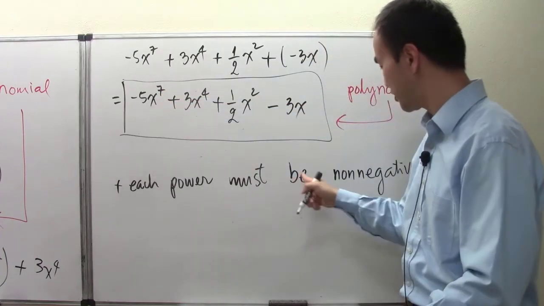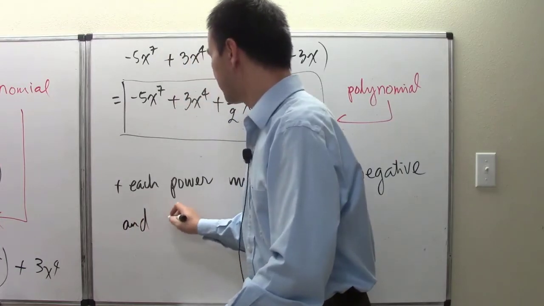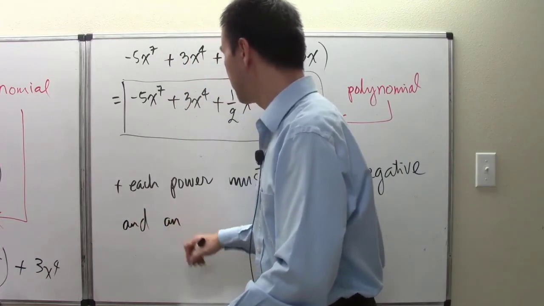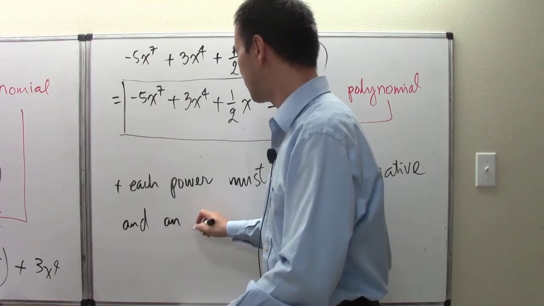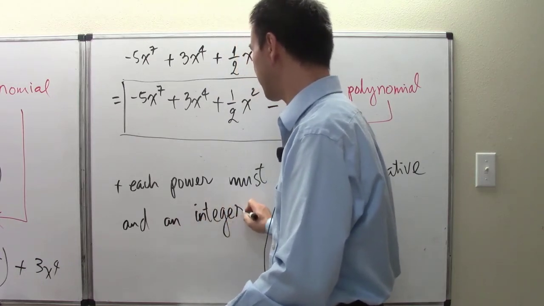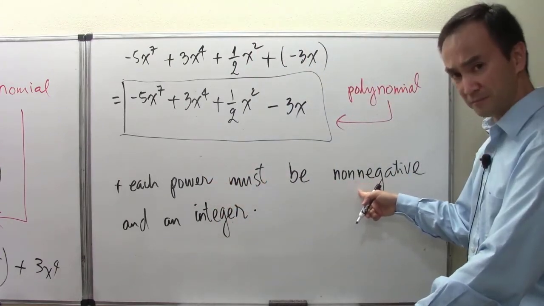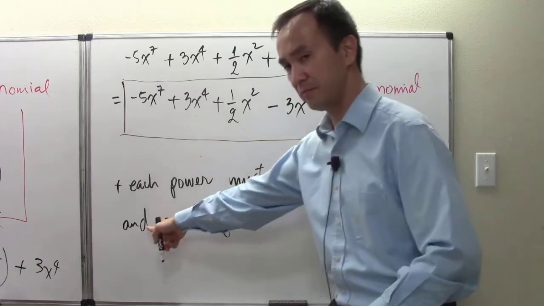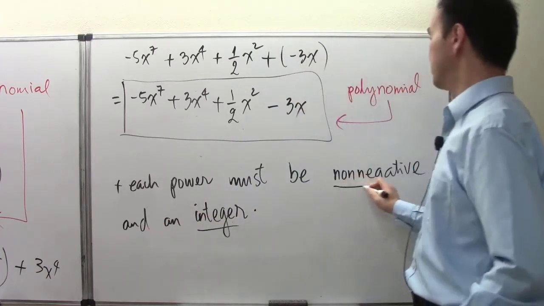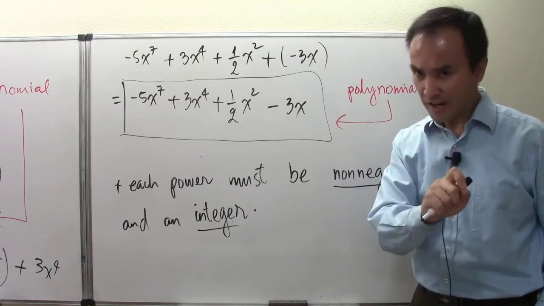So each power must be non-negative and be an integer, which should be the most precise term. These are the two requirements, the two other details, not any less important.